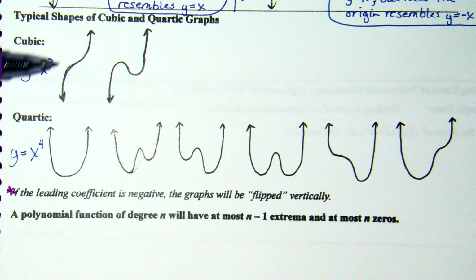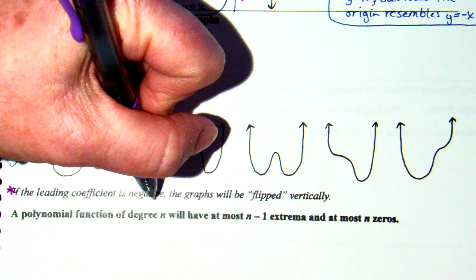And then one other key point that I'm going to explain here. A polynomial function of degree n will have at most n minus 1 extrema and at most n zeros. Let me translate that one for you. Okay, so important information. A polynomial function of degree n.